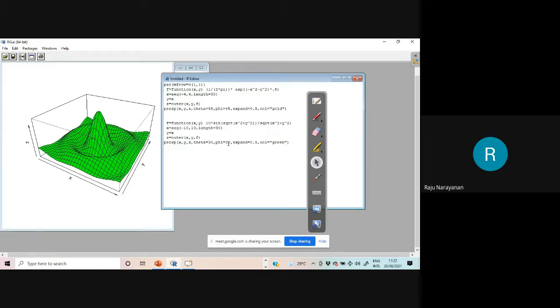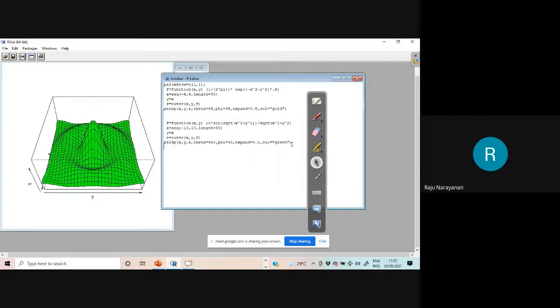Then you can change the visual effect. Then you will get a vision through some other angle. This is a three-dimensional curve.